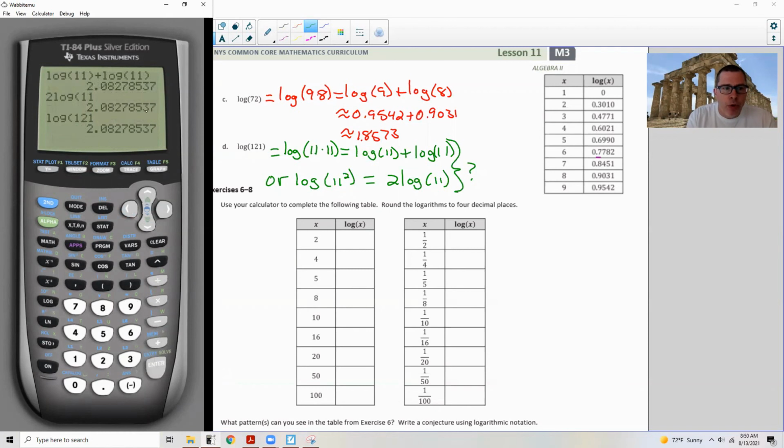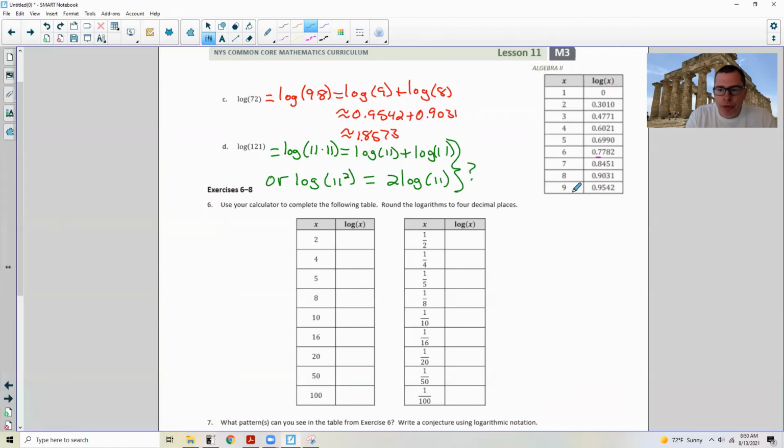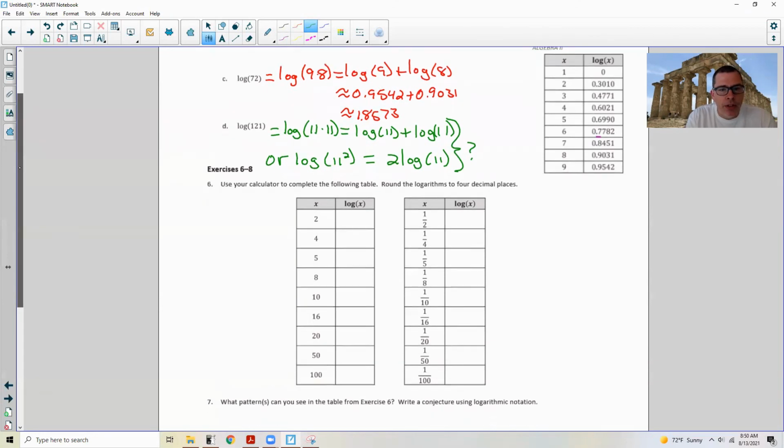All right, so we had to use our calculator there because our table only goes up to 9. So this is fine and dandy for numbers that have factors, all factors less than 10. Other than that, we are still required to use a calculator.